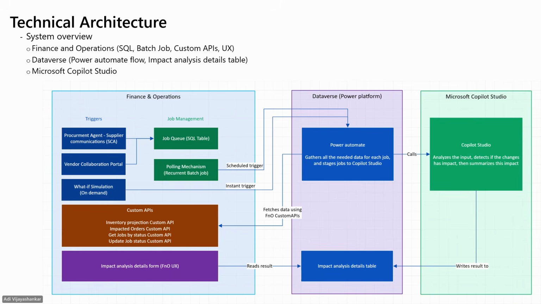And after gathering all the information, the Power Automate flow will call MCS, Microsoft Copilot Studio, that will reason over the input and generate the summary, detect if there is an impact or not, and then, of course, give us the result back to Dataverse. And after the result is written to Dataverse, the user will pull it from the F&O UX.